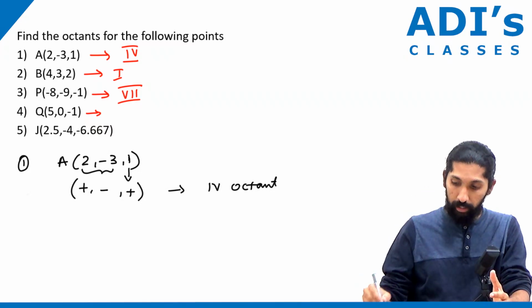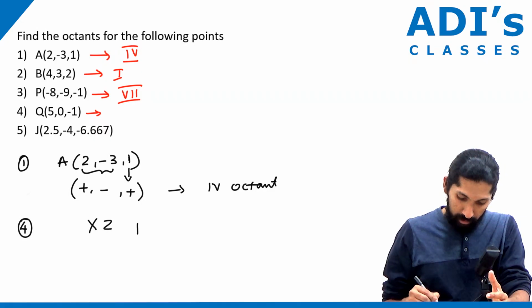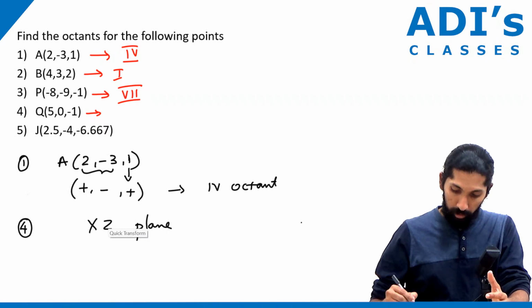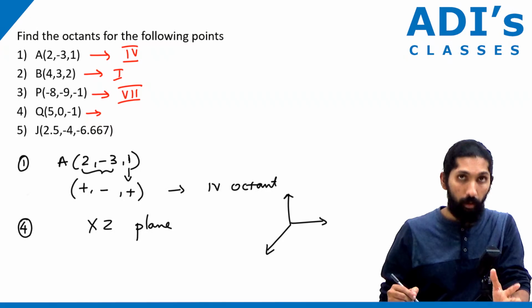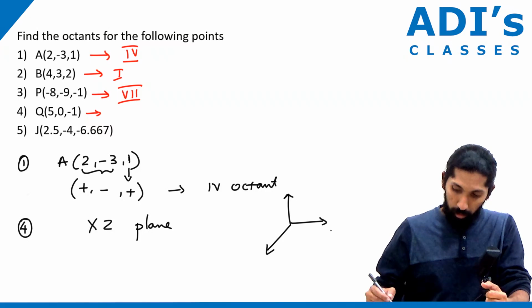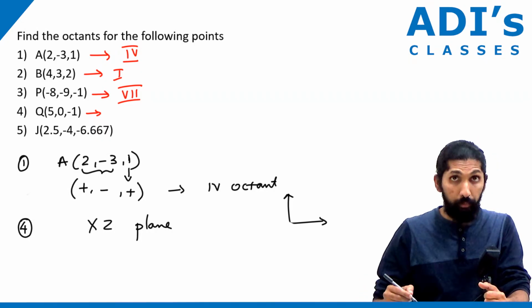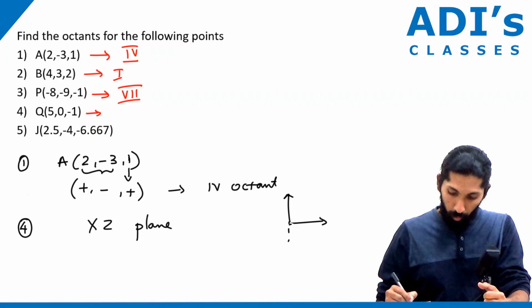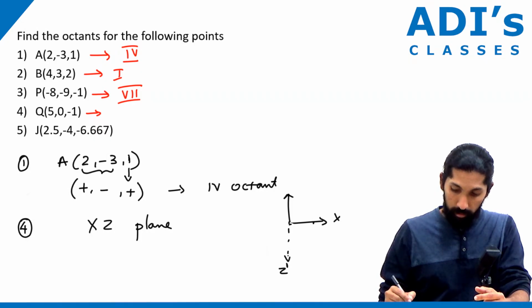So let's start with that one. This is the fourth one. We know it is in the xz plane. Generally we take this as the x-axis, this as the y-axis, this as the z-axis, correct? Let's not take the y-axis because we know y is not there anymore. This is x, you go down, this is z dash. So 5, 0, comma minus 1 is going to be here.